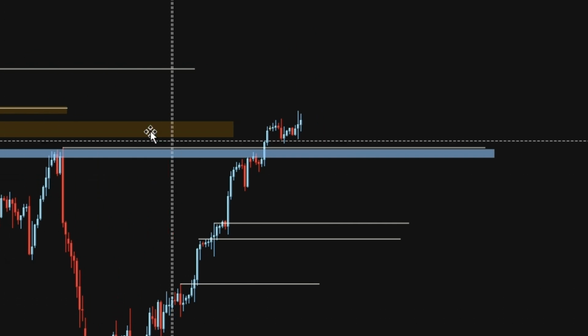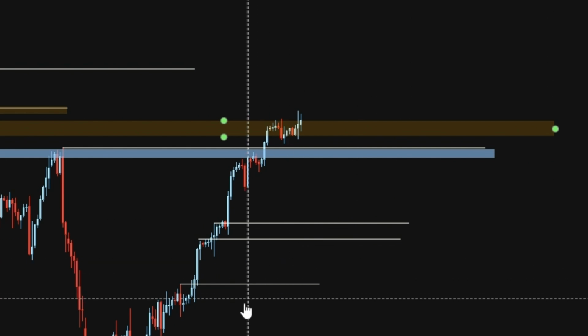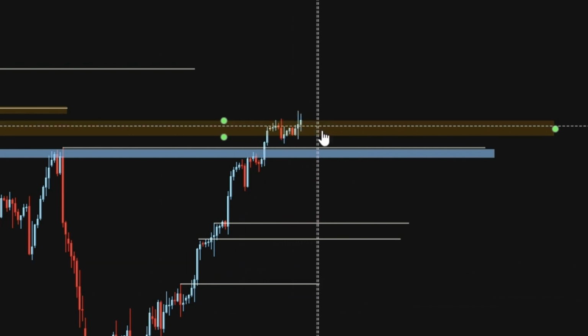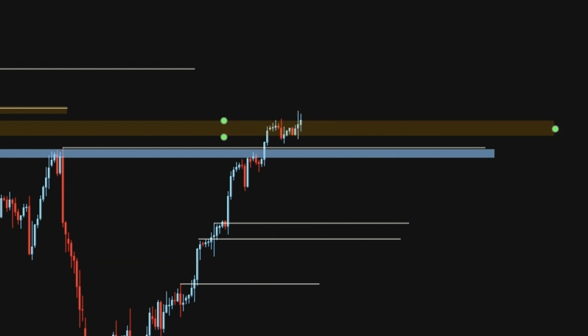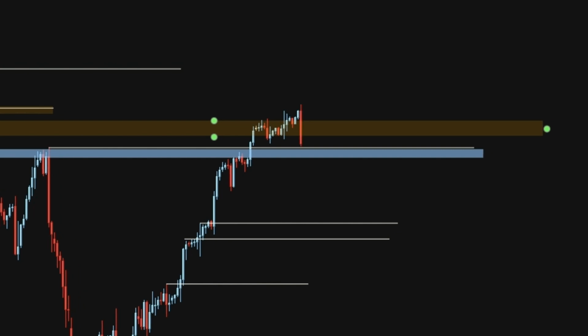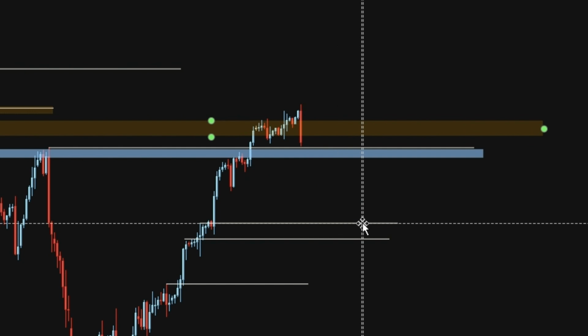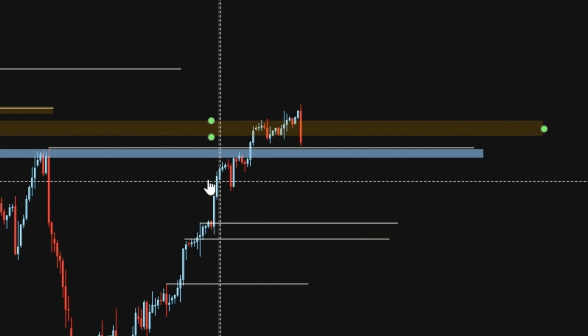So as you can see in this area, we have an imbalance here, but look at what price is doing. It's sort of consolidating here. So maybe sellers are present here. I don't know. Is it still making higher highs? Yes, it's still making higher highs, but now we can see an aggressive red candle here.